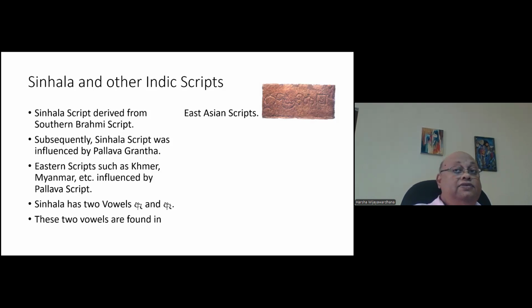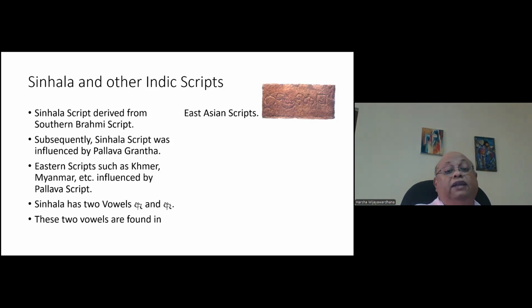Sinhala has two vowel sets, which we will talk about later when we talk about the script. There are vowel sounds and also vowel modifiers, and those are not found in other Indic scripts.